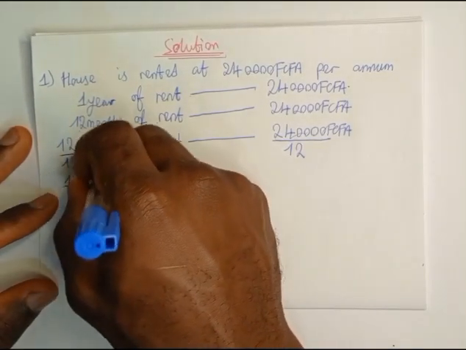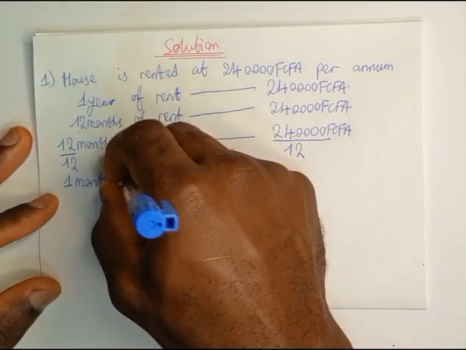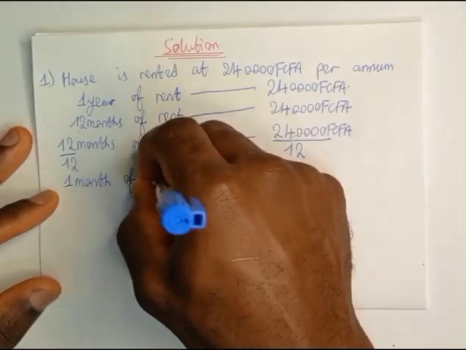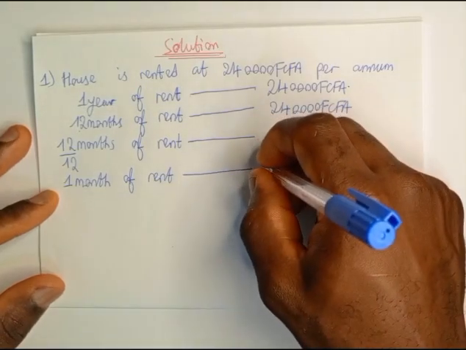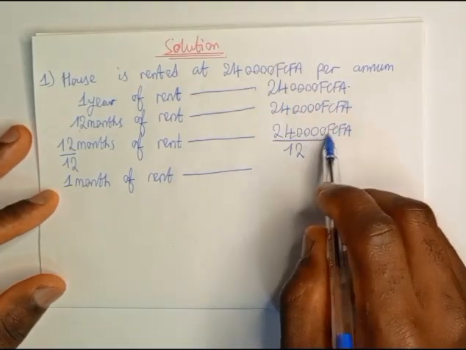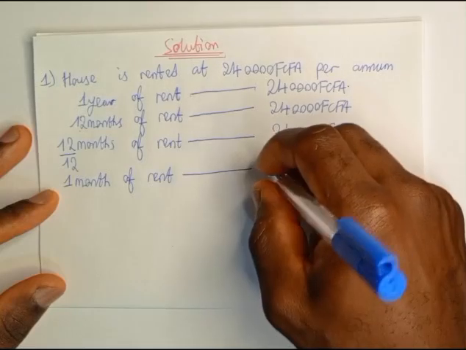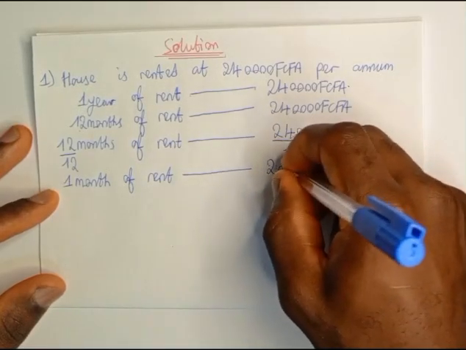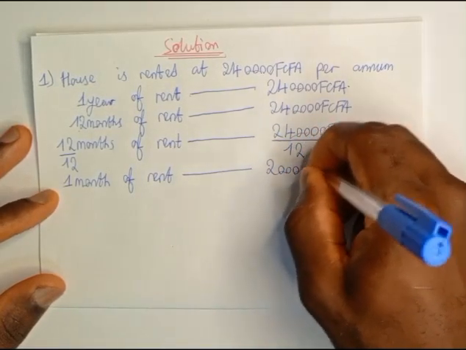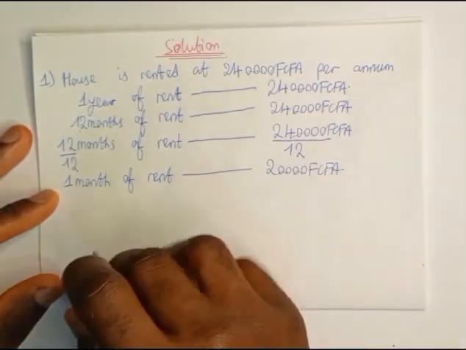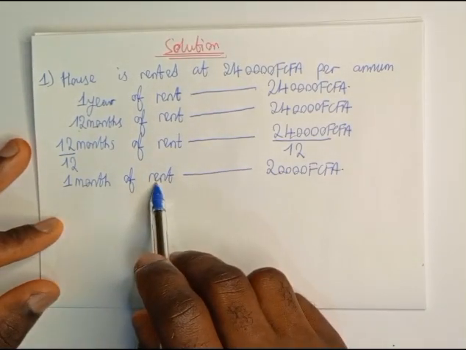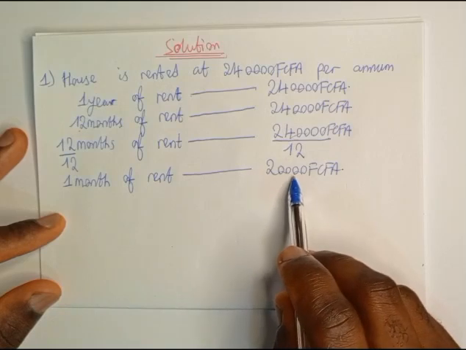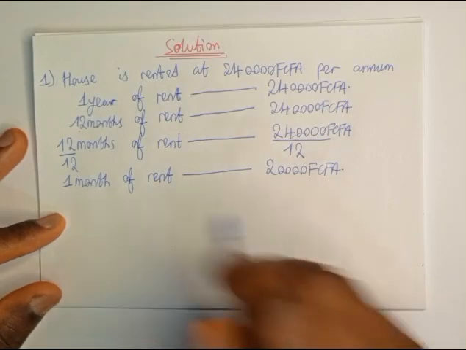We attach 1 month of rent of the house is 240,000 francs CFA divided by 12, which gives us 20,000 francs CFA. It therefore means 1 month of rent of the house is 20,000 francs CFA.